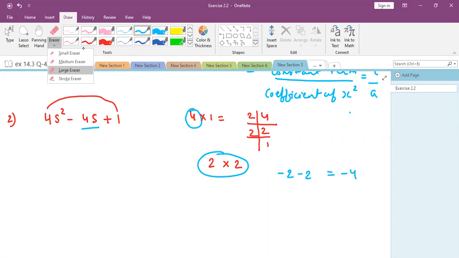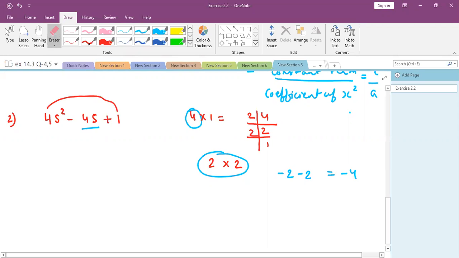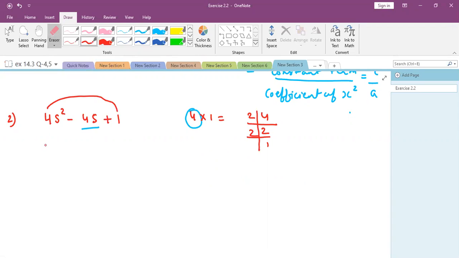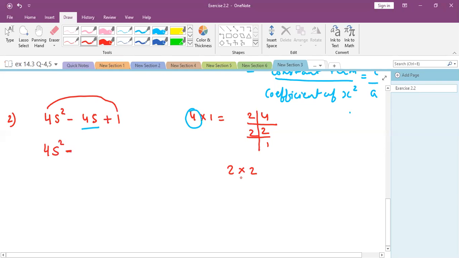Whenever you get a set of two numbers, I will always suggest you first write the first term as it is, then the middle sign, that is minus, and then we have here 2 multiplied by 2. Here both the numbers are the same. But whenever you get two different numbers, I will always suggest writing down the first number with the middle sign. Here the middle sign is minus, and I will write first 2s, because here both the numbers are the same.